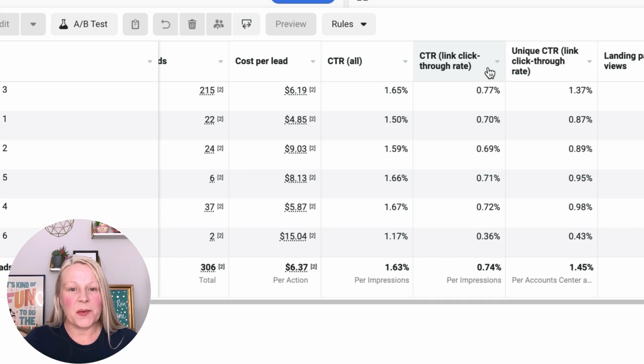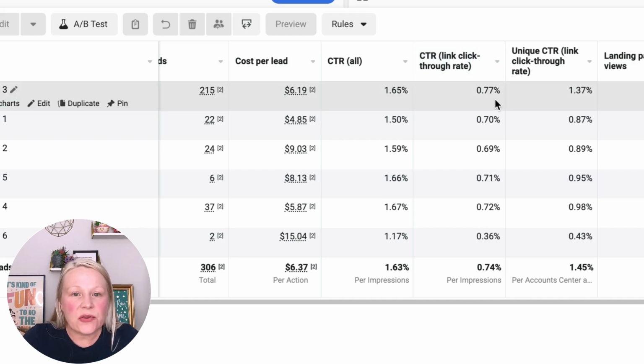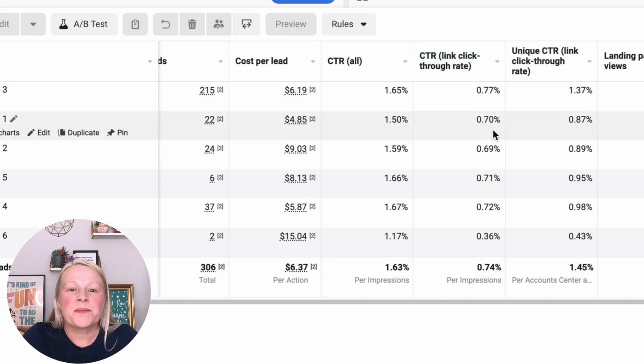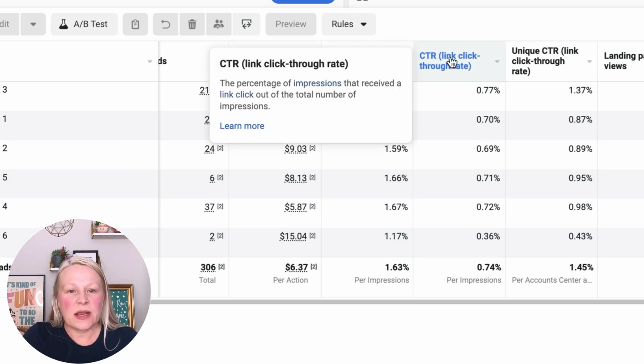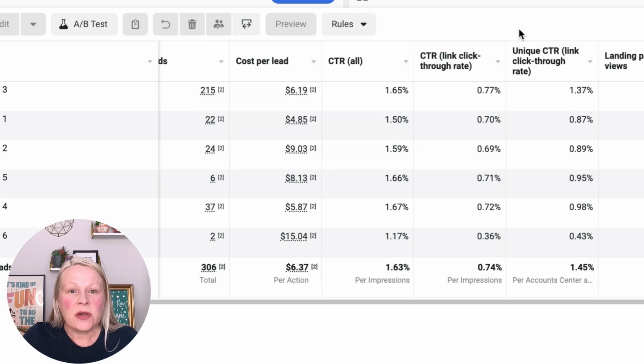So this number should be around 1%, okay? So if we want to know if this is working or not, we can easily look at these numbers and see we don't have enough people even clicking through. So we're not able to get people to stop, and we're not able to get people to click through. So those are the two issues that we need to change.